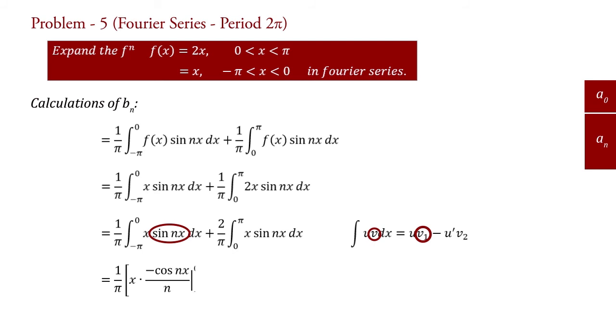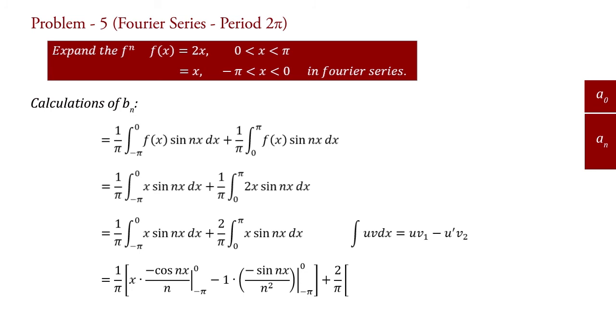Therefore we put minus cos nx upon n with limit minus pi to 0. Minus u dash, that is differentiation of x, which is 1, so we put 1 into v2, that is integration of v1. It means integration of minus cos nx upon n, and therefore we put minus sin nx upon n square with limit minus pi to 0, plus 2 upon pi into bracket.